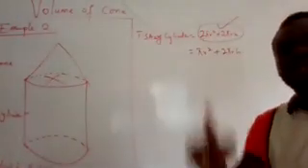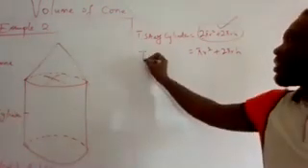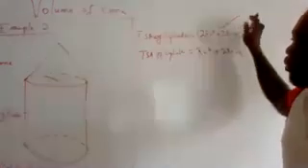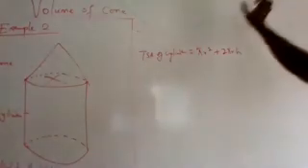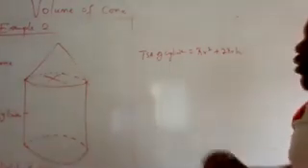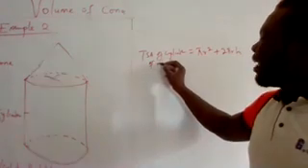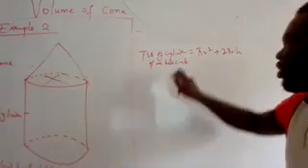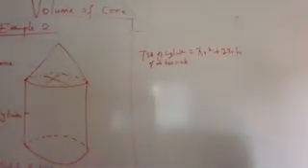Instead, you are only using one pi r squared. So this is TSA of the cylinder here. So I'm going to rub this off to avoid confusion. Are you following me? Of one base circle. Let me use this so that in case somebody else sees it and doesn't understand what we explain. Of one base circle.